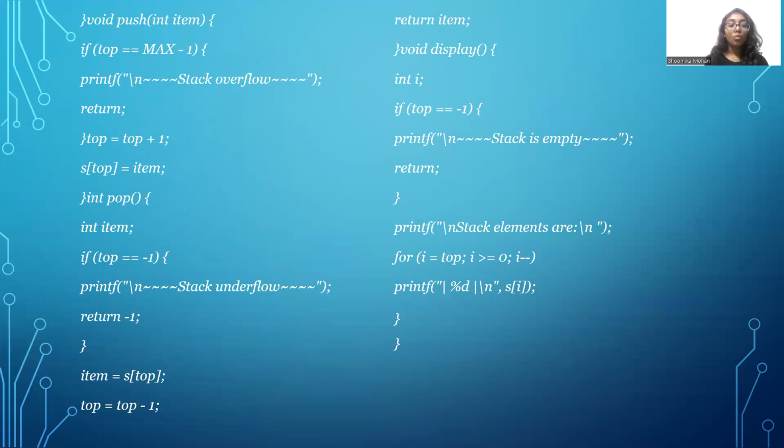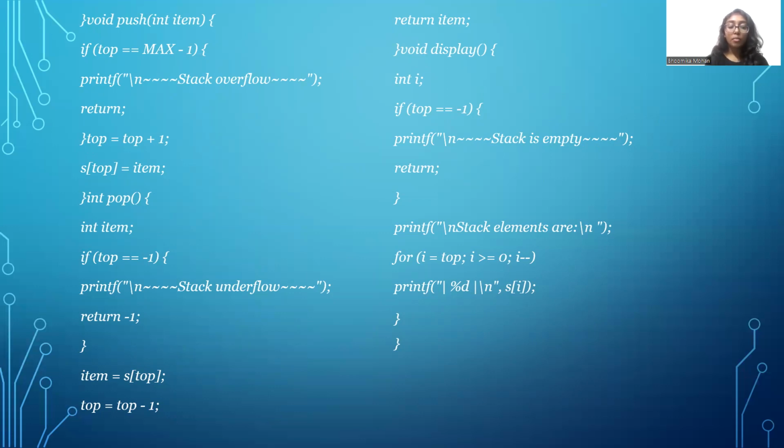Next, we are taking void push int item. If top equal to max -1, we are printing stack overflow and return. Top equals top plus 1, s of top equal to item, and then int pop. If top equal to -1, we are printing stack underflow, return -1, close braces.